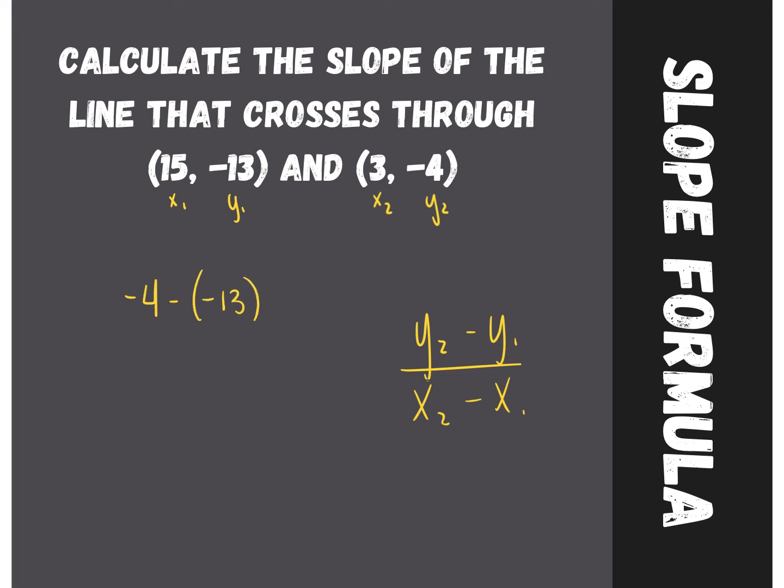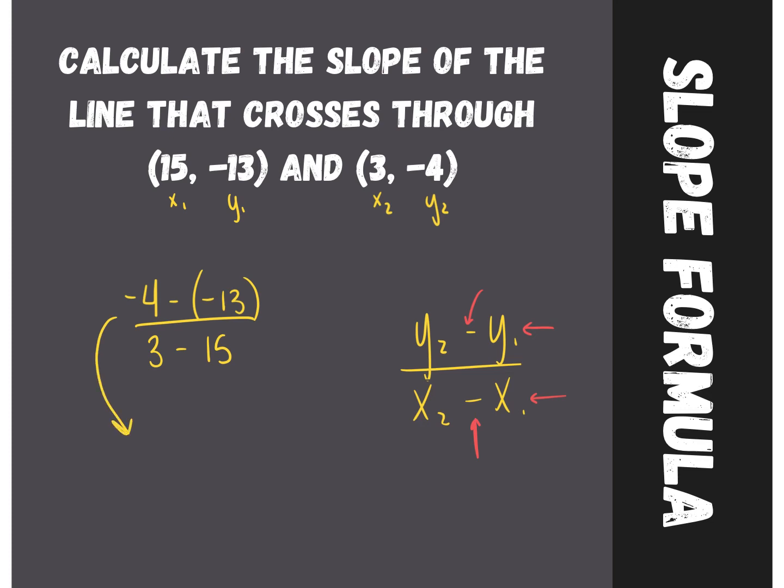It's important to notice that the equation has subtraction signs. So if these values on the right-hand side are negatives, we're subtracting a negative. And sometimes all of those negatives and minus signs can get a little mixed up and confused. So that's just something to really tune into. On the bottom, I have x2, which is 3, minus x1, which is 15.